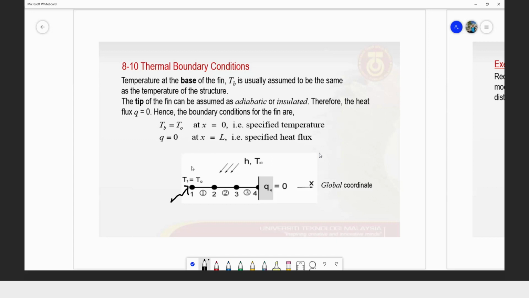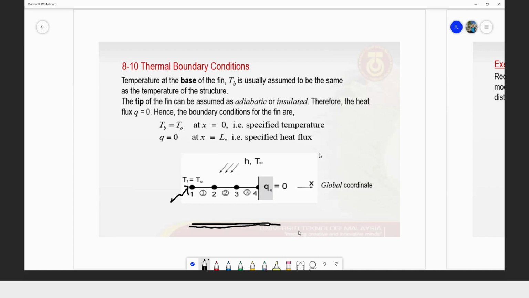And then often on the other end of the fin, we impose this specific heat flux, which is equal to 0 on the other hand. Because the surface is very thin, the heat release from this surface is very minimal.